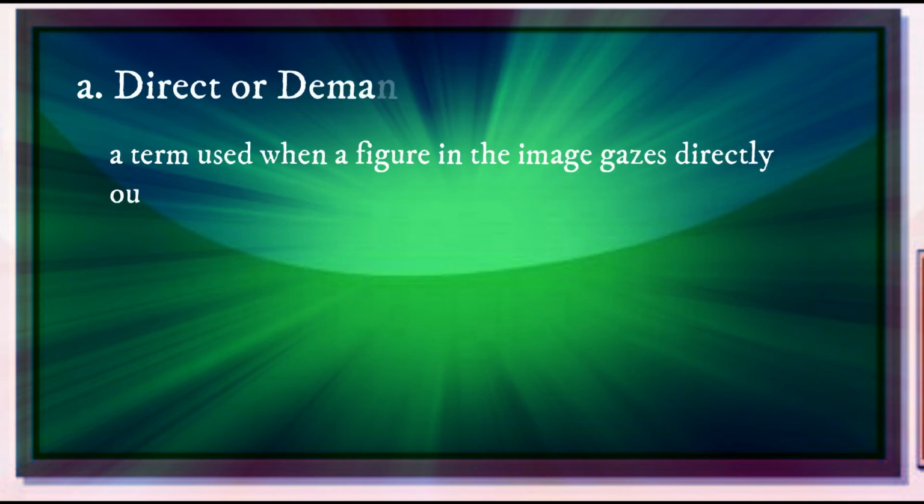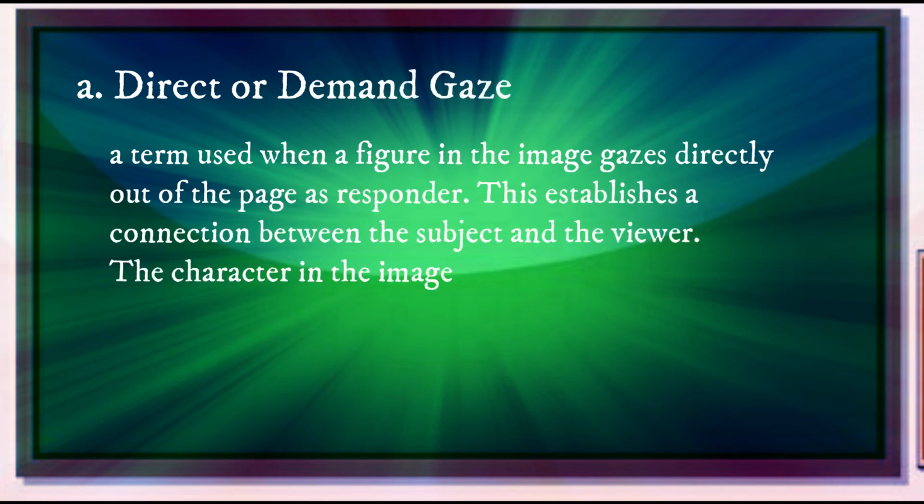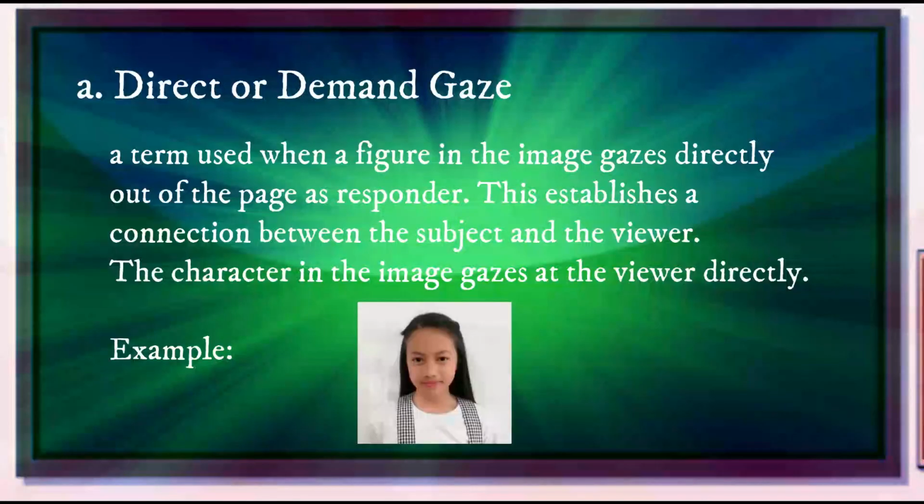A, we have direct or demand gaze, a term used when a figure in the image gazes directly out of the page at the responder. This establishes a connection between the subject and the viewer. The character in the image gazes at the viewer directly. Example is this picture.